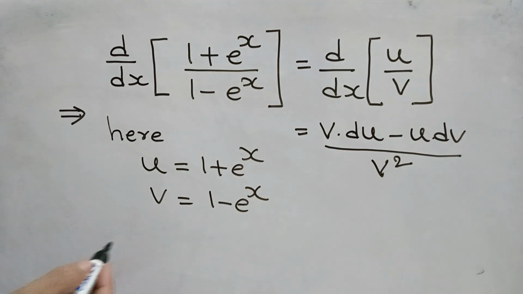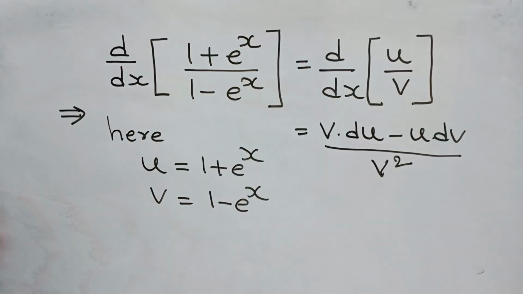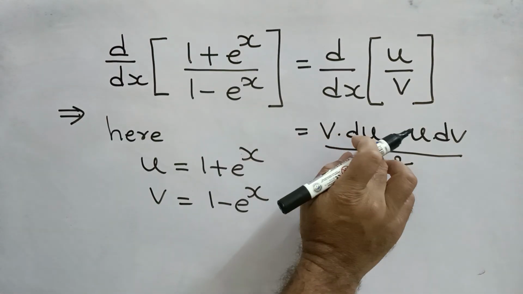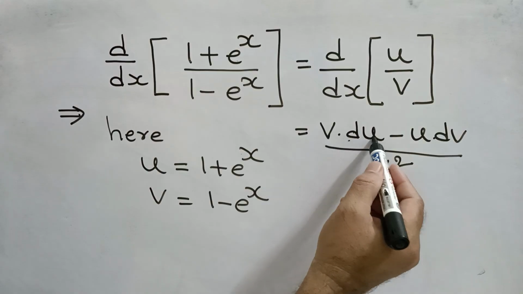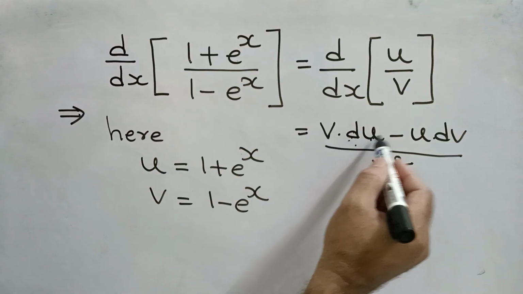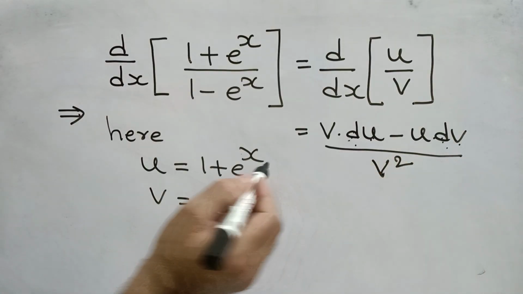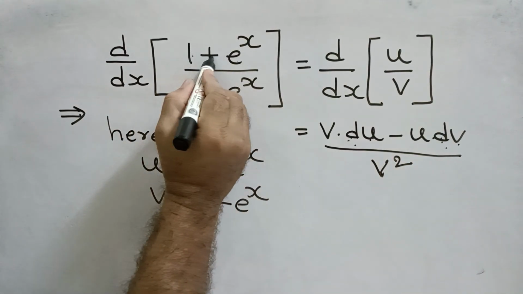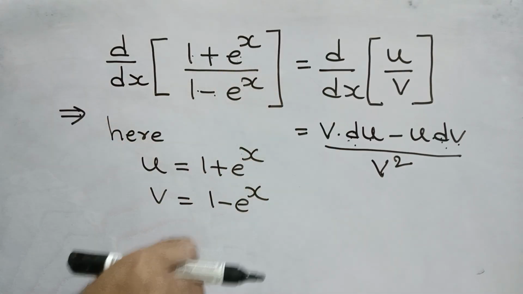Am I clear? Then substitute in this formula wherever v and du are there. I already told you that du is nothing but d by dx of u, and dv is nothing but d by dx of v. Therefore, 1 plus e^x you have to consider as u, and 1 minus e power x you have to consider as v.